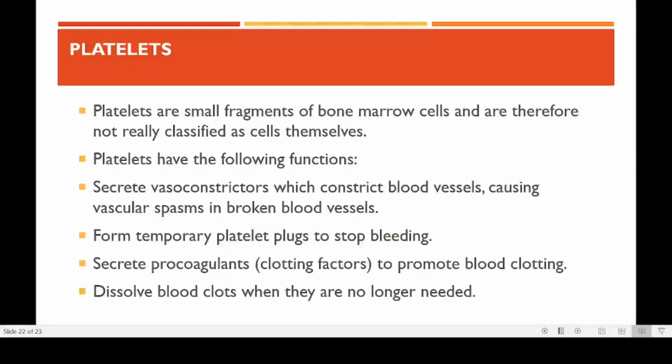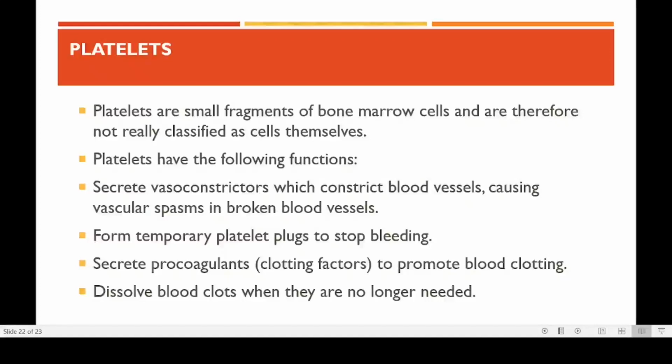That will cause vascular spasms. Spasm means contraction. Vascular means blood vessel. So there will be contractions in the blood vessel, which are called vascular spasm, and thereby they will be reducing the flow of blood.